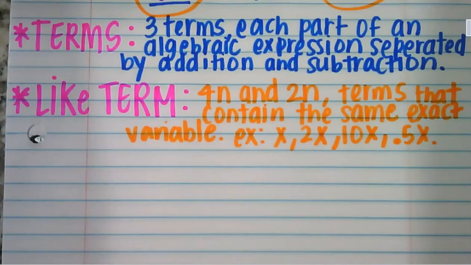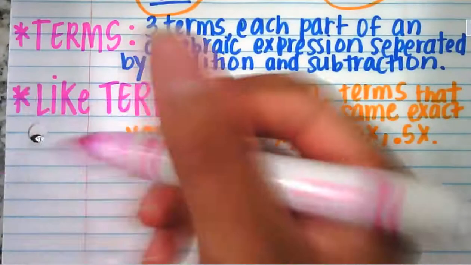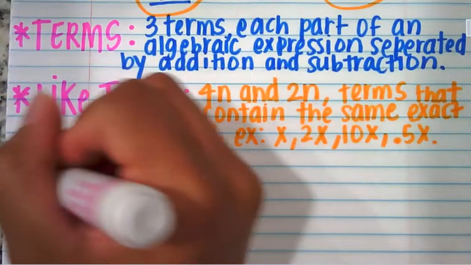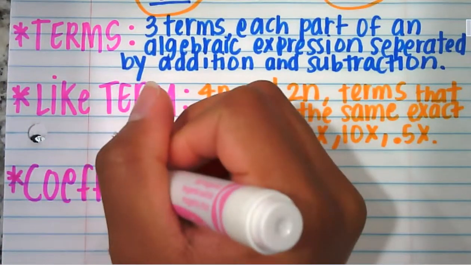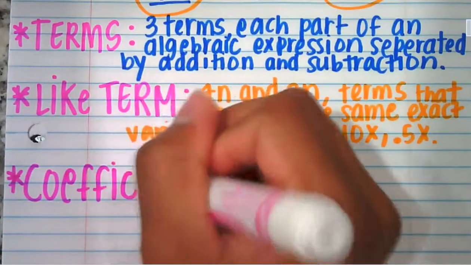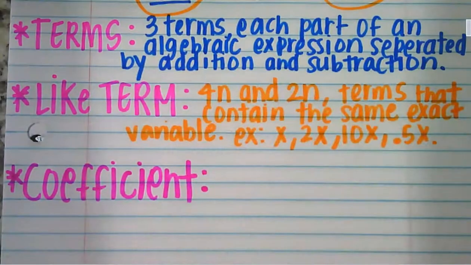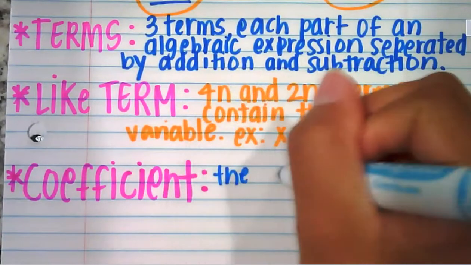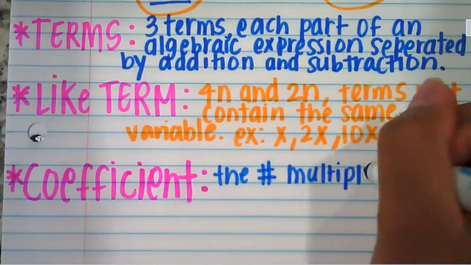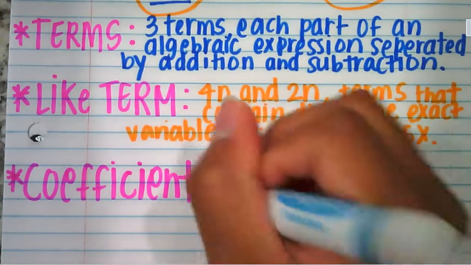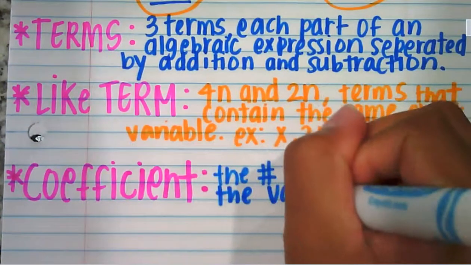So now, what is a coefficient? A coefficient is the number multiplied by the variable. So let's write that. The number multiplied by the variable.